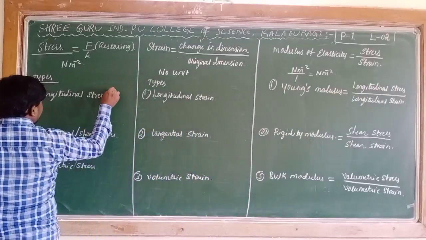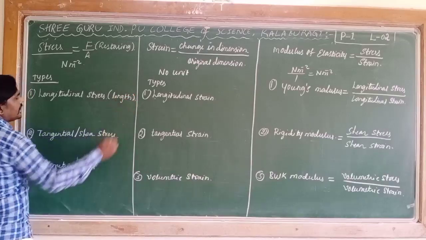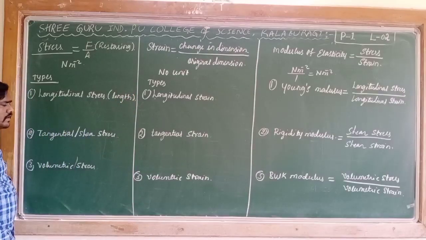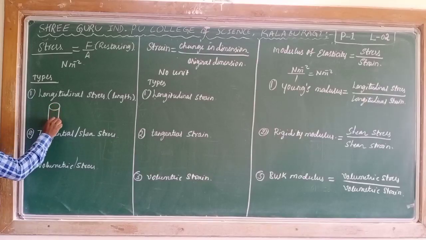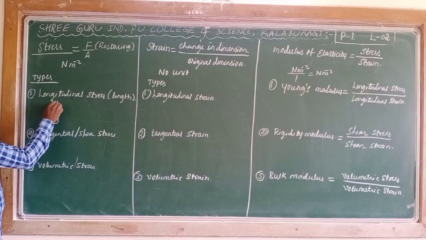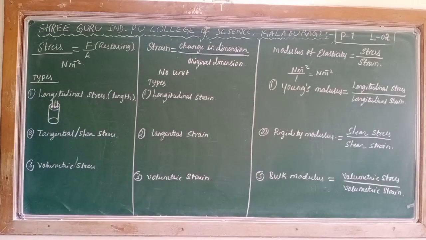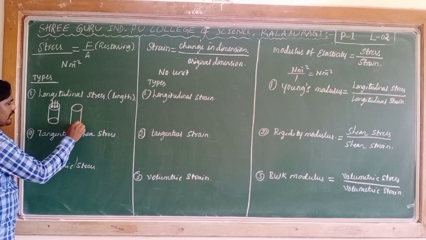Here longitudinal stress means we are discussing the length, and only solid bodies. Force is applied normally over the surface of a body, that is, the force is acting perpendicularly over the surface of a body.